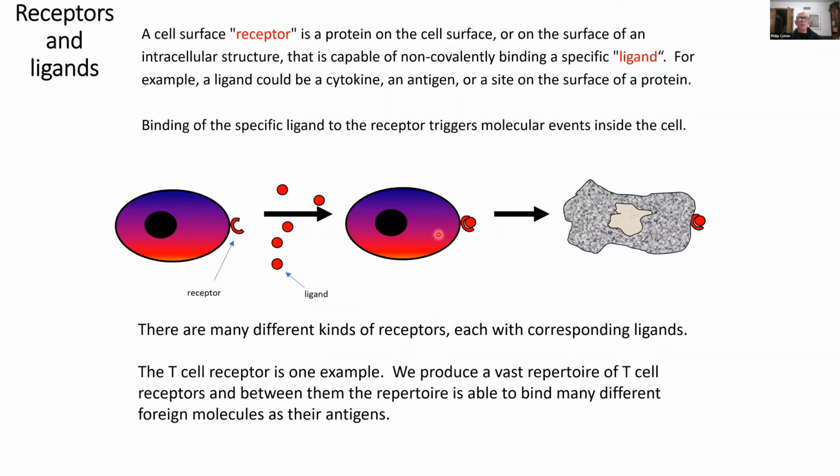But the point is receptor binding, transmembrane signaling, and then a consequence, because the activation of enzymes inside the cell triggers the DNA to make new enzymes and activate existing ones and perform some manipulations. In this case, it would be telling the cell to die. So that's transmembrane signaling.